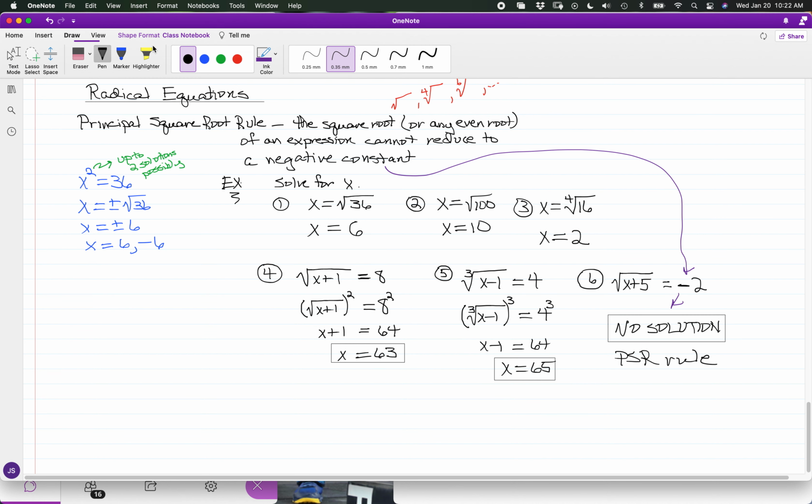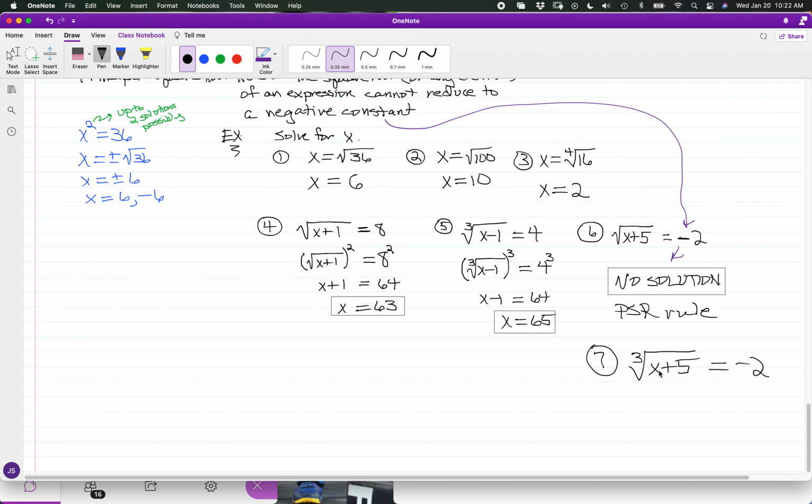And let's say if I have the cubic root of x plus 5 is equal to -2. Now, in this one, I can work this out because you can have an odd root of an expression reduce to a negative constant. Okay, so in this one, you have the PSR rule does not apply to odd numbered radicals.